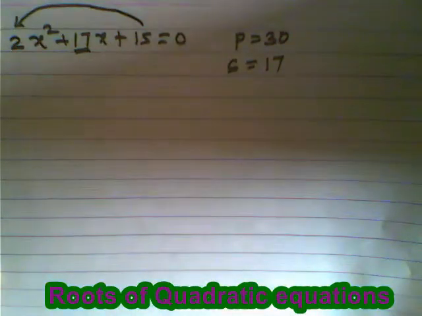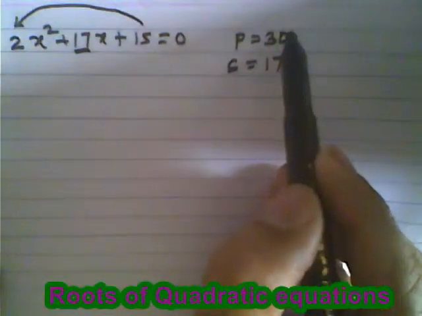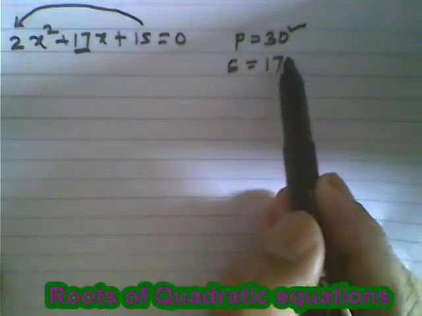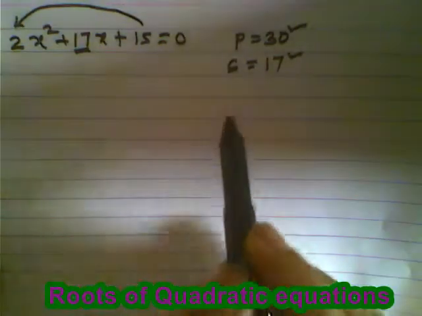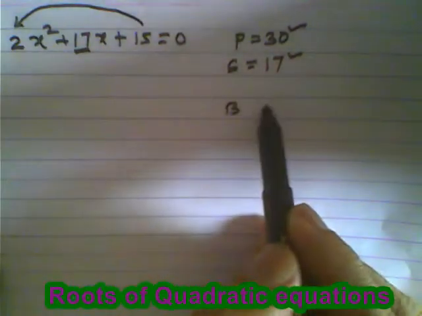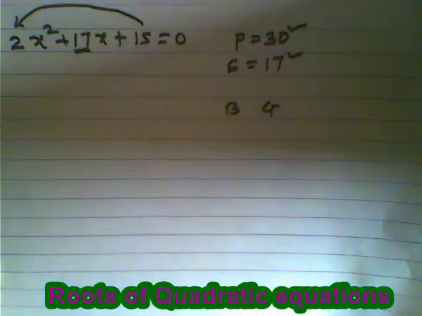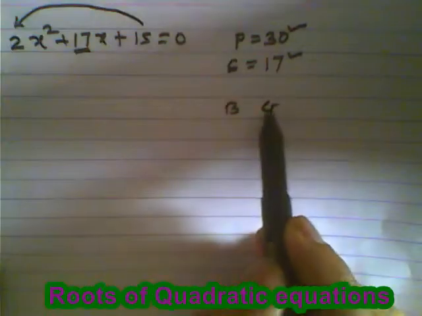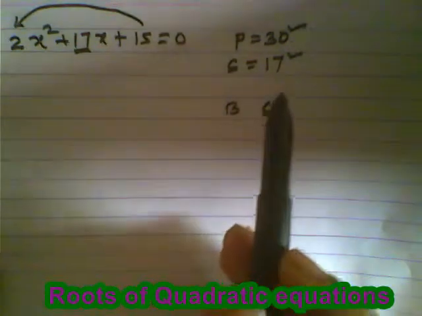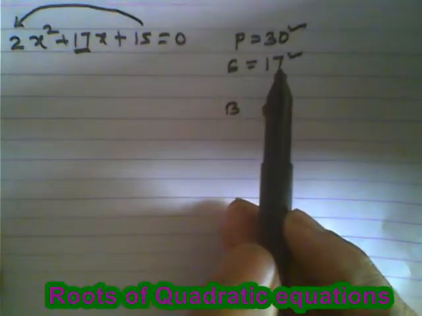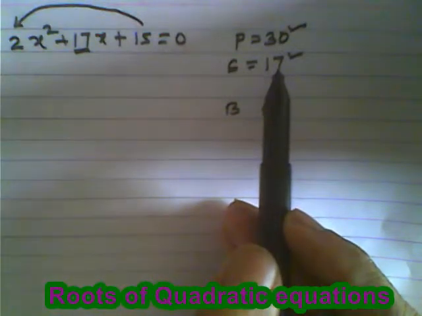Now we search for the two numbers whose product should be 30 and the sum should be 17. Of course the two numbers will be, one will be bigger and one will be smaller. Here the problem is of fixing the signs of both the numbers.